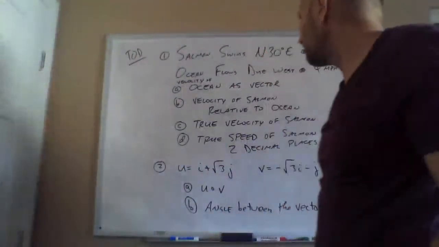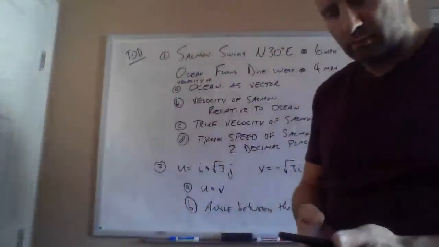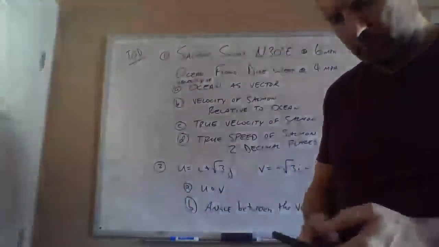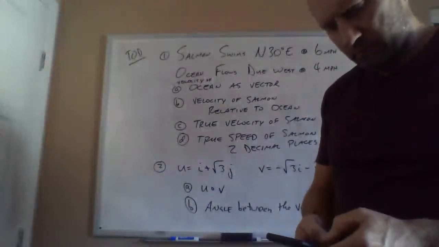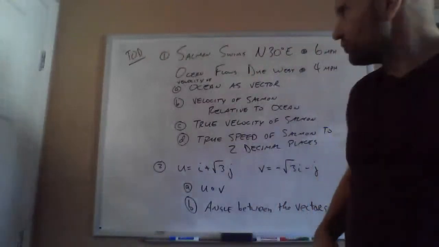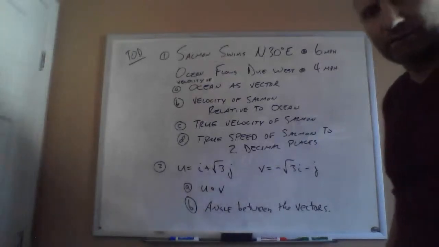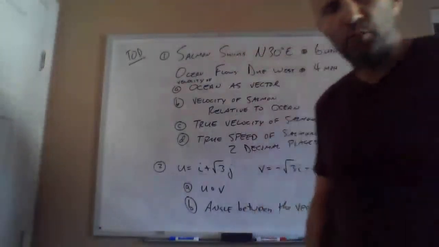One for C. For C, true velocity or true speed? So C, you shouldn't have a decimal. The only one you should have a decimal for is part D, and it's not 7.21.